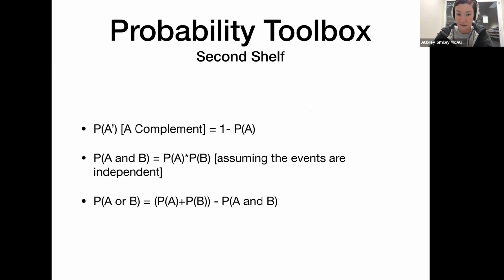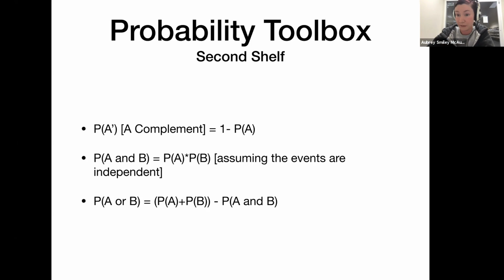All right, so the next shelf in the probability toolbox, we lift up the first layer. Now we're talking about A complement. Sometimes you'll see this written as A prime. Sometimes you'll see it written as A with a C in the superscript, but it's just 1 minus the probability of A. It's everything in the set that is not A. The probability of A and B, if the events are in fact independent, which we haven't learned how to distinguish yet, is just the probability of A times the probability of B. And then if you're looking at, is it going to be A or is it going to be B?